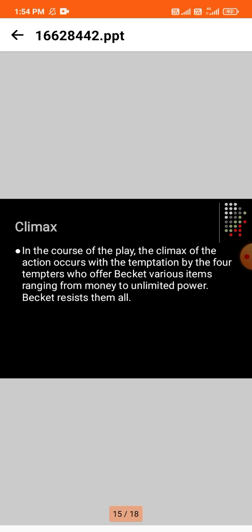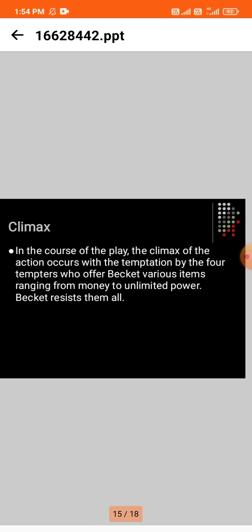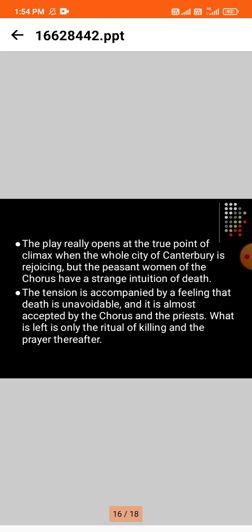The climax of the play. In the course of the play, the climax of the action occurs with the temptation by the four tempters, from money to unlimited power. Becket resists them all. The play really opens at the true point of climax, when the whole city of Canterbury is rejoicing, but the peasant women of the chorus have a strong intuition of the death.